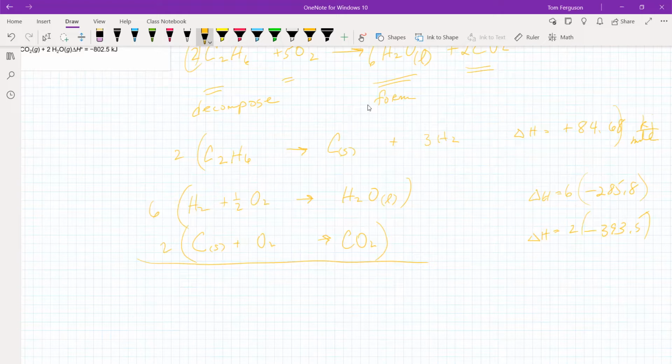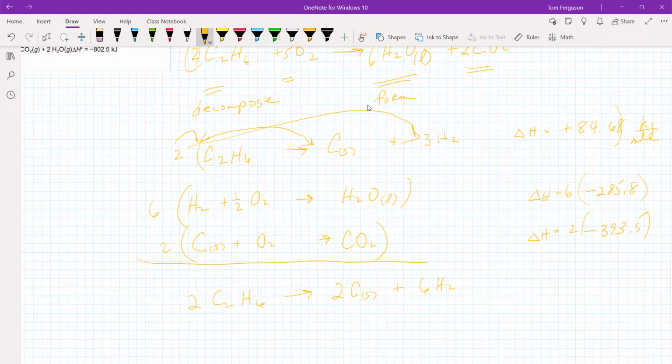So first we start with multiplying 2 by everything.